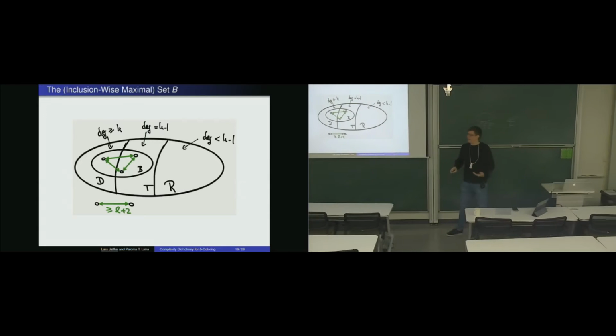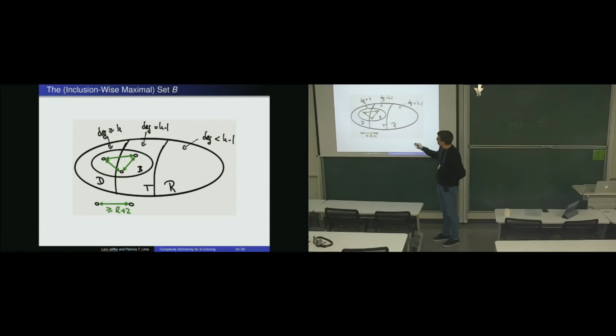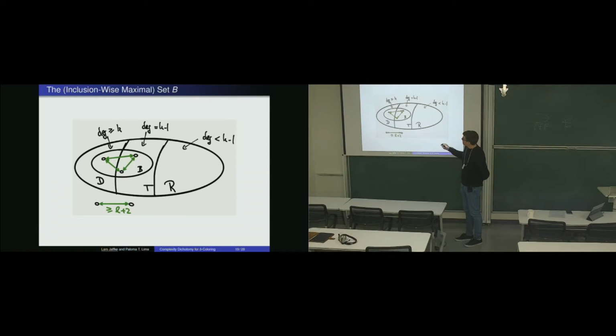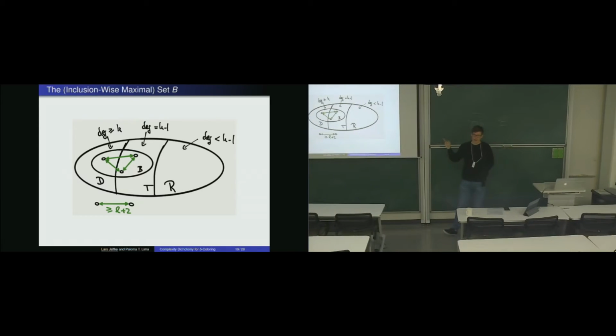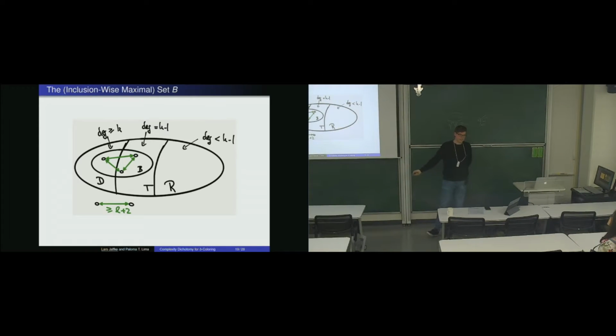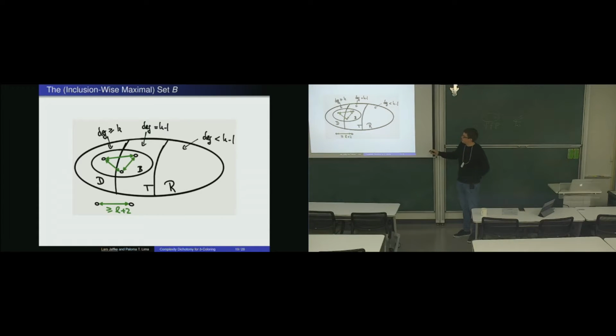Far apart in this case means a distance at least L plus 2. Note that this set of vertices is chosen from the set of vertices in G that can be B vertices. Right? Any B vertex of the graph has to come from this set, because in R the degree is too small.